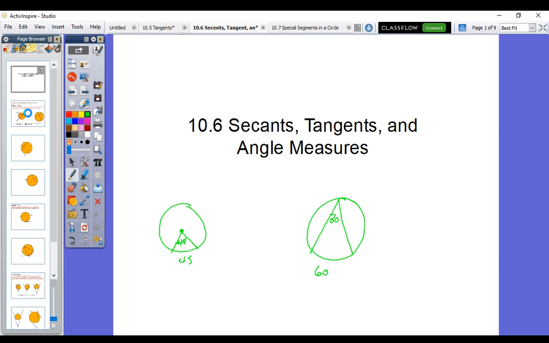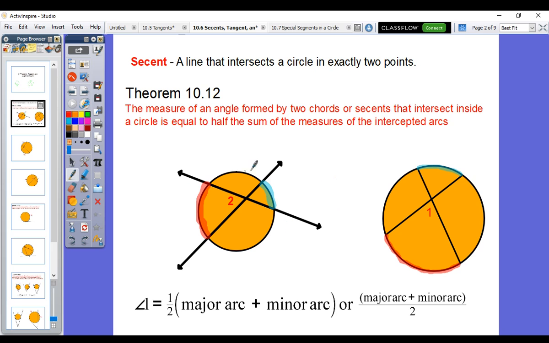We're first going to talk about angles inside the circle formed by secants. So again, secants are like chords, but they go through. They intersect the circle at 2 points, and they keep going. They're lines. They keep going. Okay, so that's what secants are.